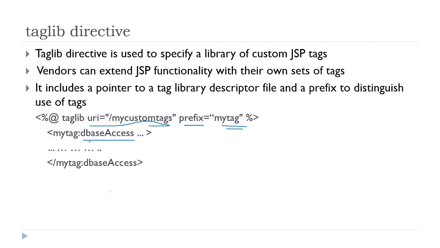If we want to use this database access tag, then we can use it with the prefix that we have defined here. This is how we can use some custom JSP tags of our own, or if there are some third-party vendors who have their own set of tags, then we can use them using the taglib directive.